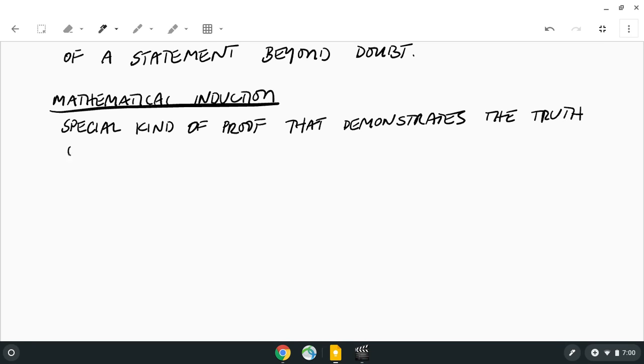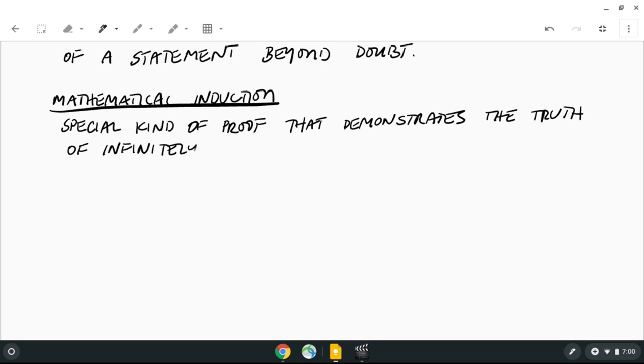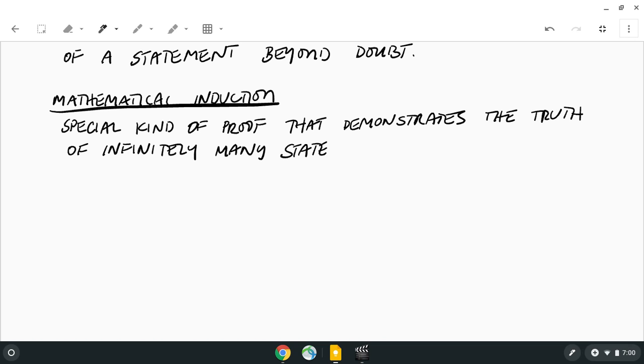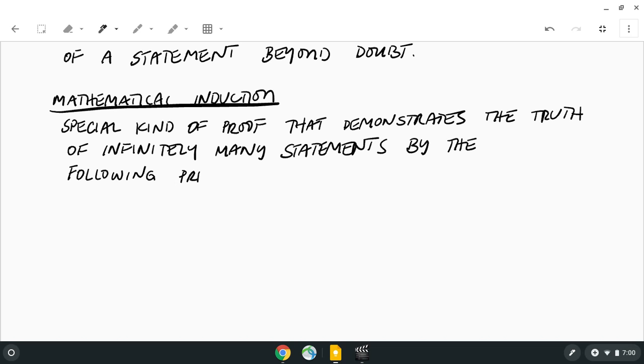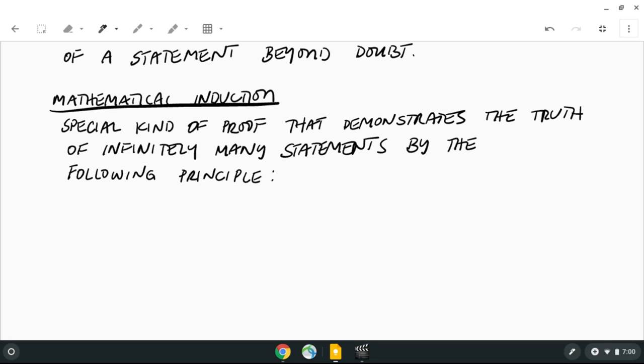It's a special kind of proof that demonstrates the truth of infinitely many statements by the following principle.